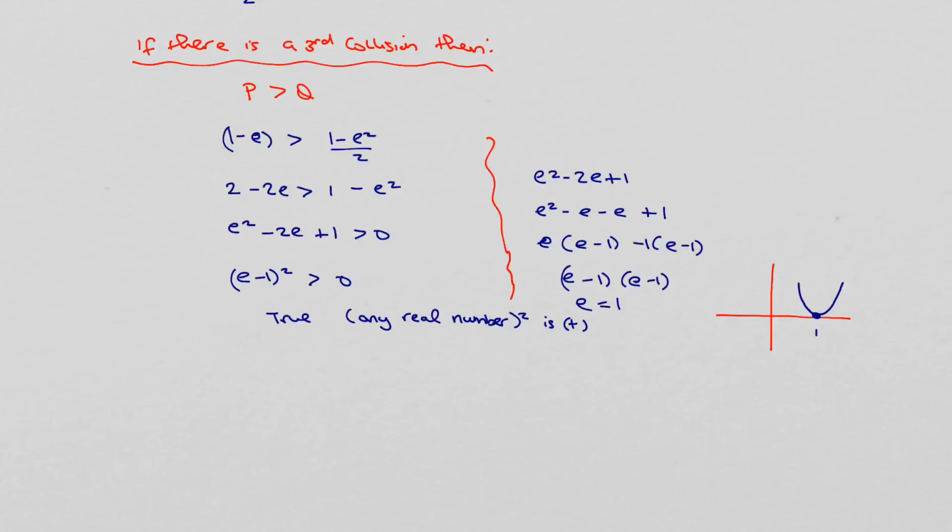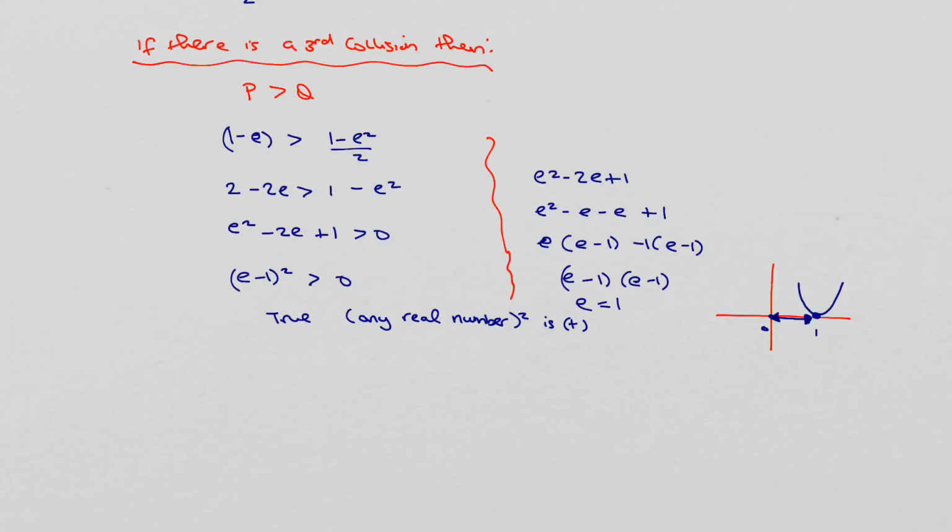And of course, we're looking for where it is greater than 0. So greater than 0 is everywhere except at that root. In other words, e has to be less than 1, and e can't be greater than 1.